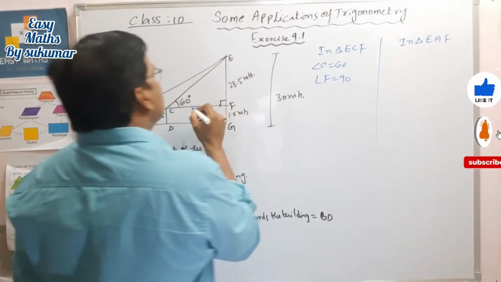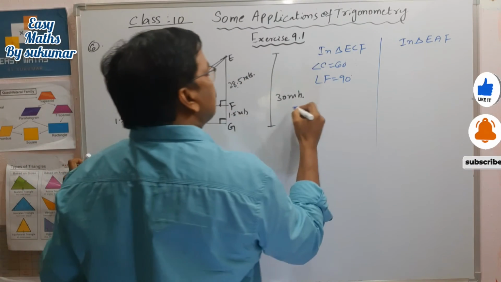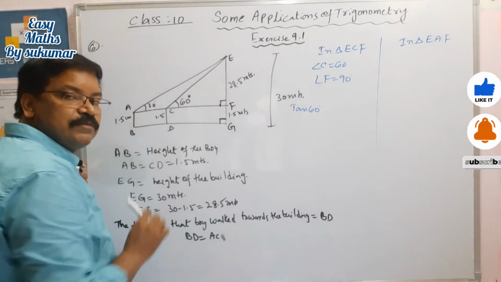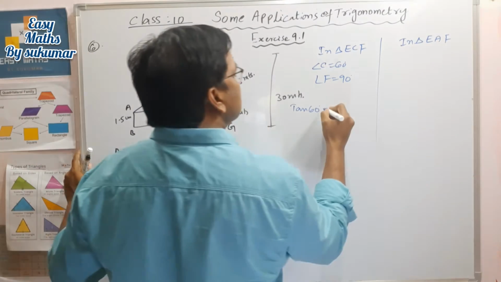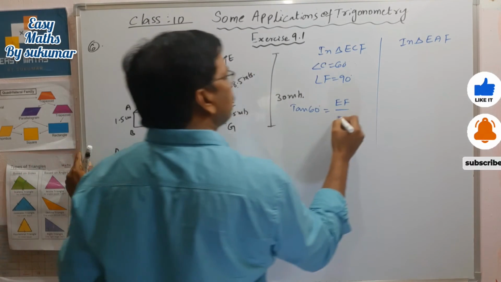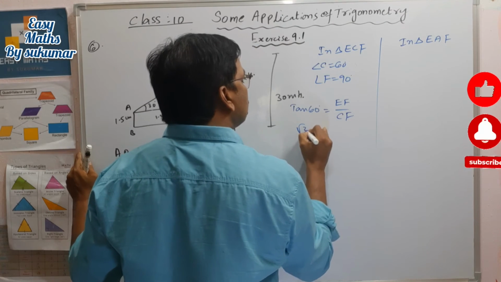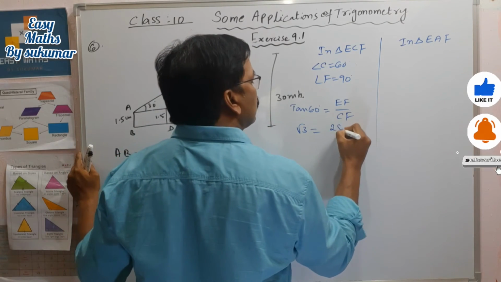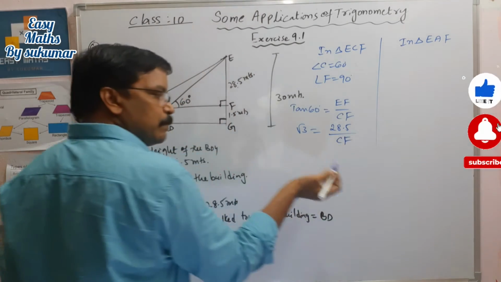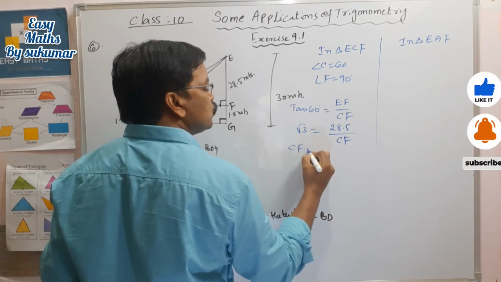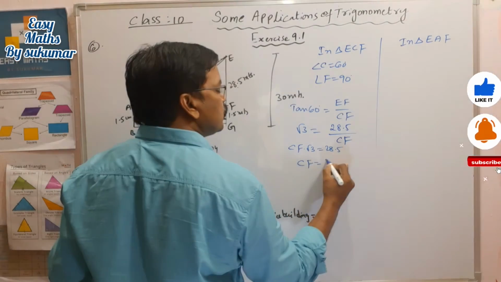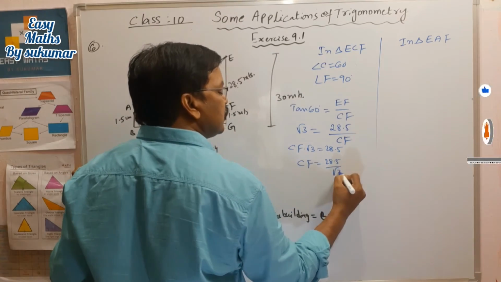So opposite side by adjacent side, that is tan 60. We should take only tan 60. So tan 60 means EF by CF. So tan 60, which is √3, is equal to EF, which is 28.5, by CF, which is unknown. By cross multiplication, CF into √3 is equal to 28.5. So CF is equal to 28.5 by √3.